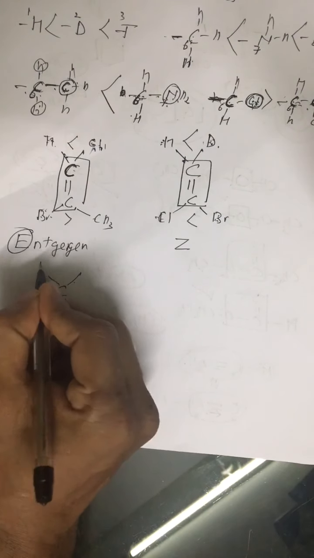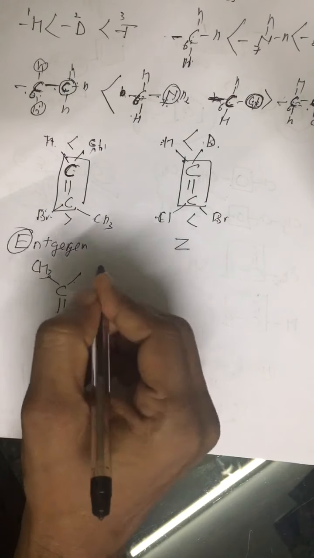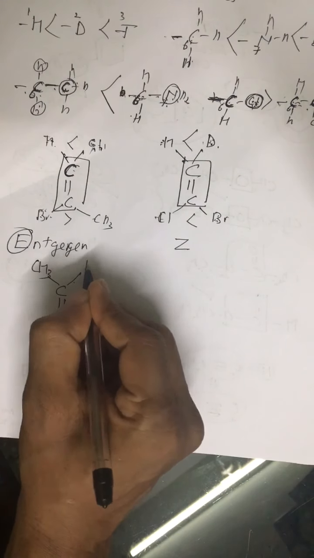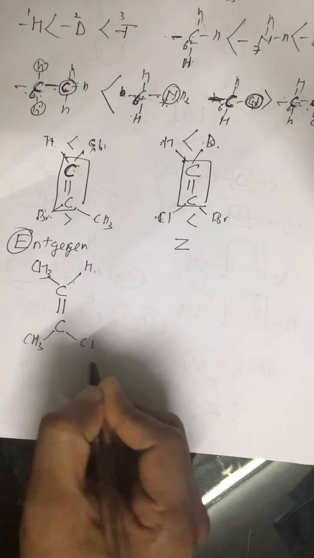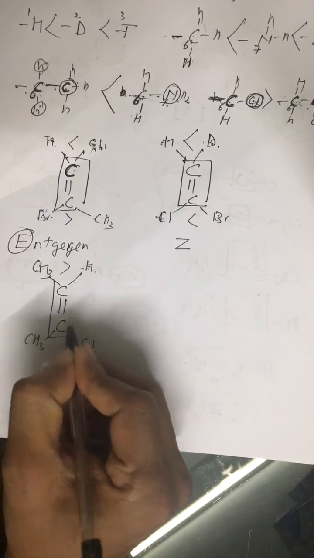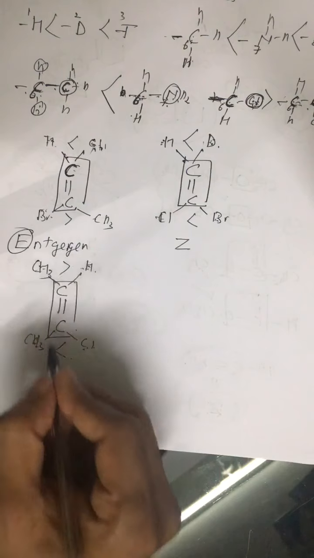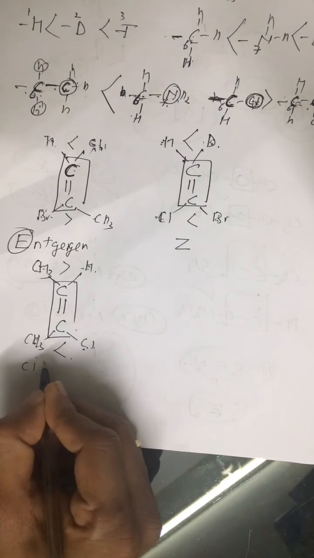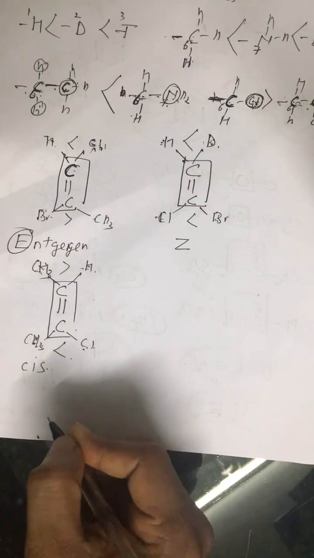Alright. If we have hydrogen and methyl group on one carbon, and methyl group and Cl on the other. Now out of methyl and hydrogen, methyl is senior. Alright. And out of methyl and Cl, Cl is senior. Now this form is cis on the basis of similar groups. Similar groups are on one side, we call it cis.